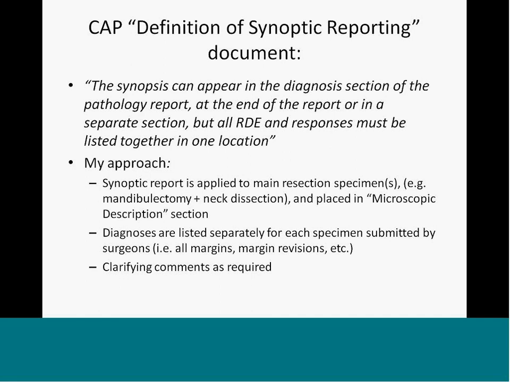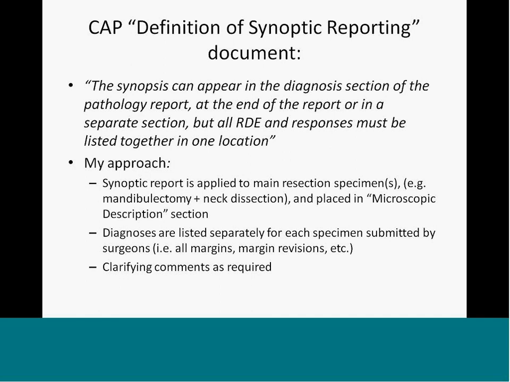So my approach is that I apply the synoptic report to the main resection specimen. For instance, that might be a mandibulectomy and a neck dissection, and I would put that in the microscopic description section of my report. So mandibulectomy and neck dissection were specimens G and H, and there were specimens A through F, which were frozen sections.